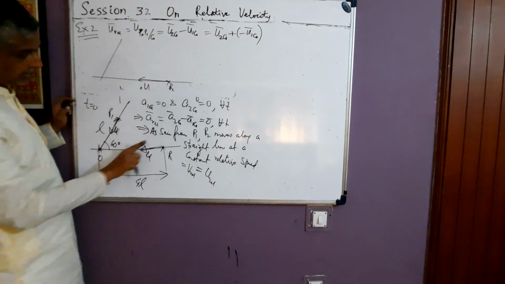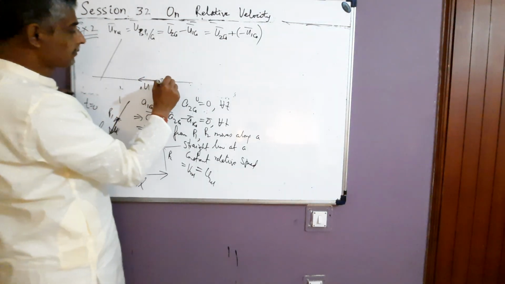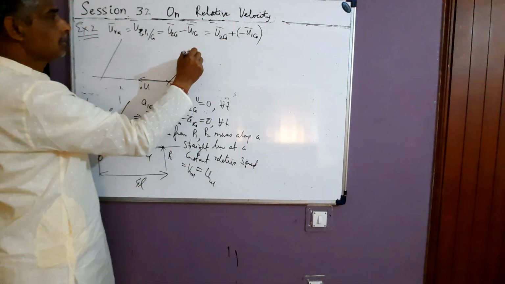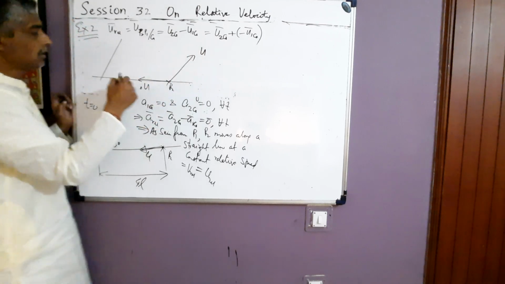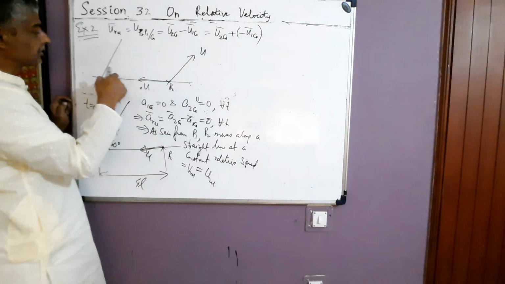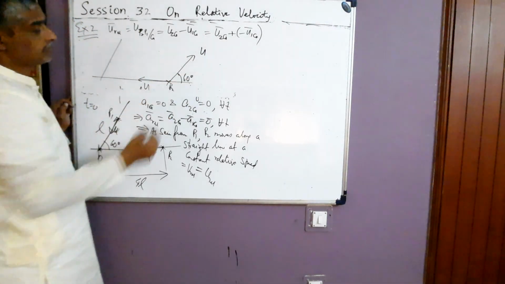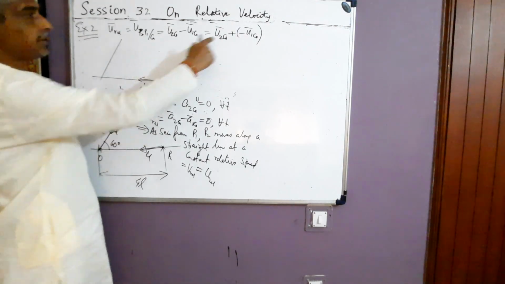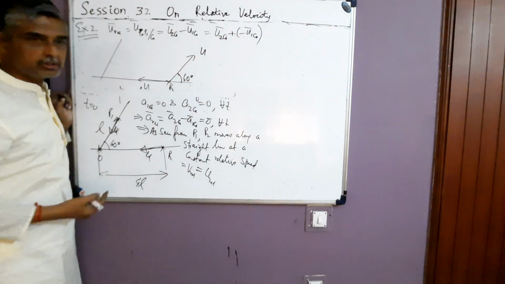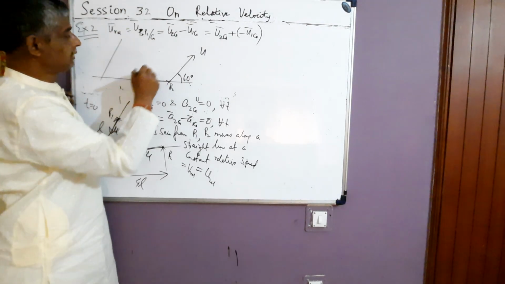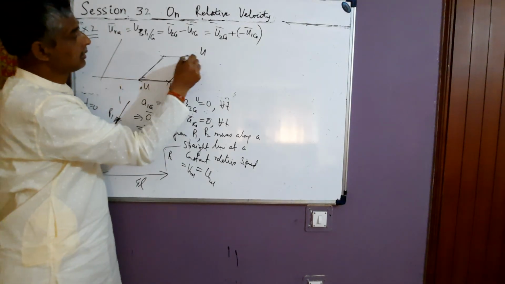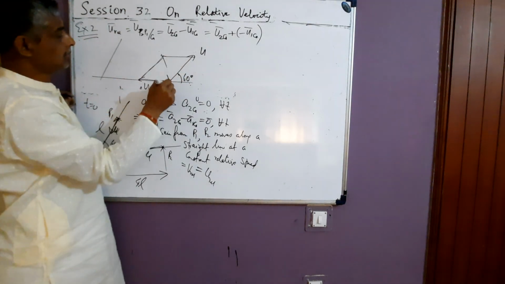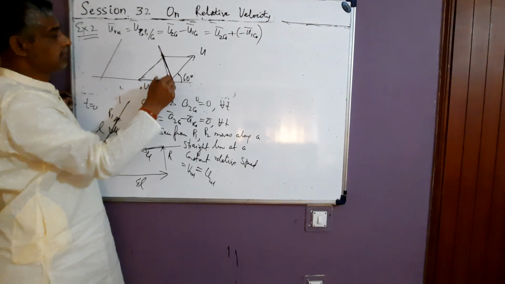So minus u1g will be like this, reverse. This is minus u1g, of magnitude u. This is parallel to this, and this is also 60 degrees. So u relative is the vector sum of these two vectors, by the parallelogram law of vector addition. Like this. It is u relative.